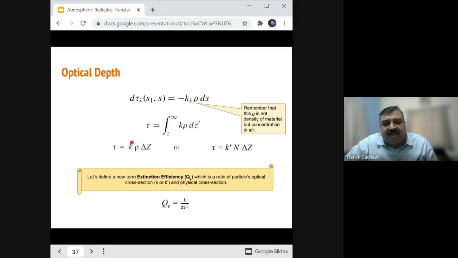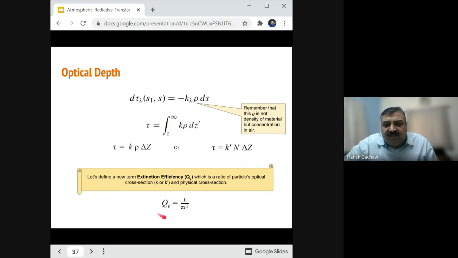K is a scattering cross section or extinction cross section, and if you are talking about a particle, it will also have a physical cross section. If you take a ratio of that, you can define something called extinction efficiency: the ratio of the optical cross section, that can be an absorption cross section, a scattering cross section or an extinction cross section, divided by the physical cross section of the particle, assuming that the particle is a sphere.